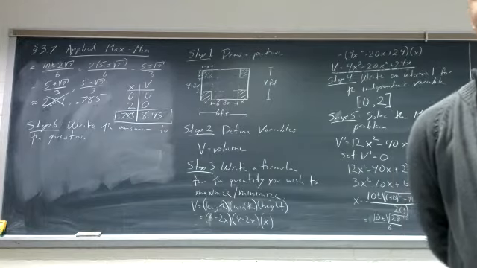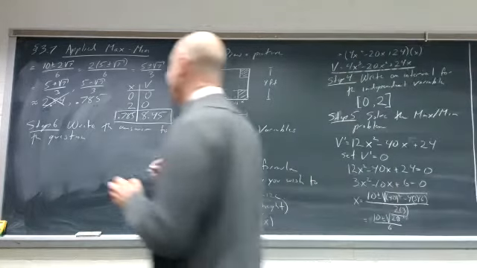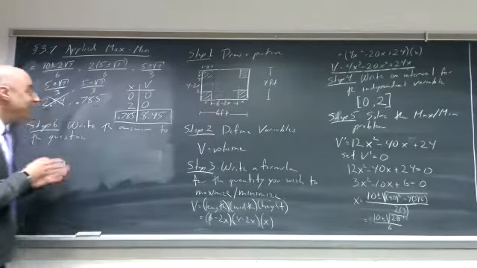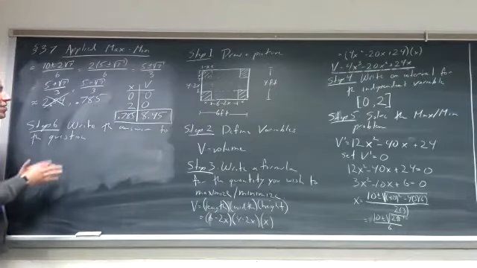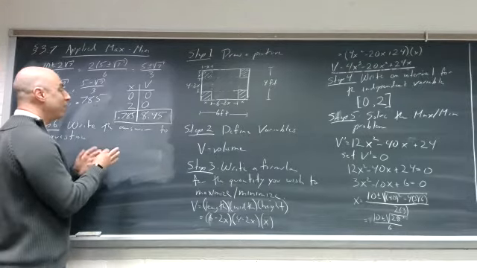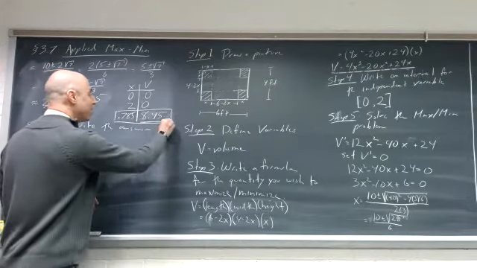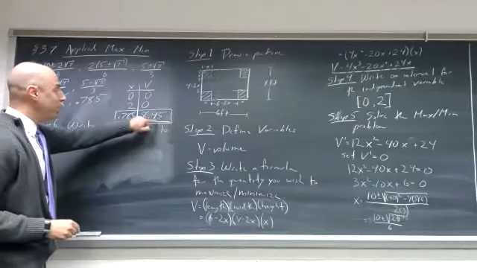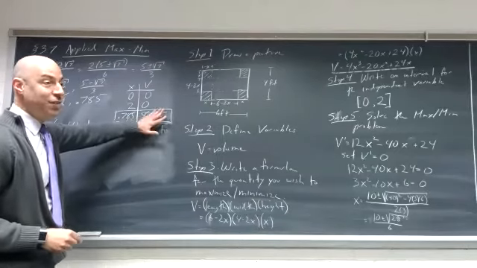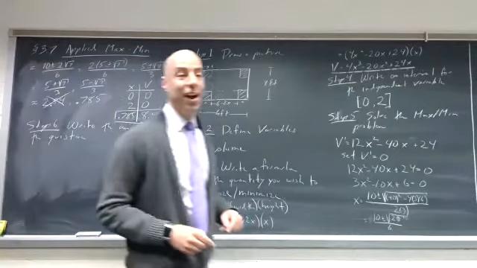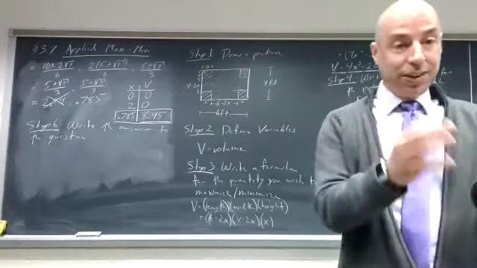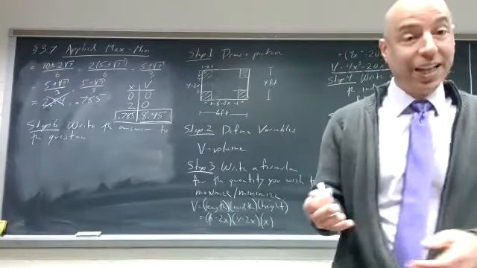The dimensions of the largest box that can be constructed in this way. Yeah, exactly. I asked for the dimensions of the box. I asked for the length and the width and the height. I did not ask for the volume. That's the volume, 8.45 cubic meters, but that's not what I asked for. I asked for the dimensions of the box, the length, width, and the height.